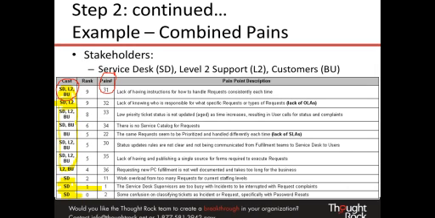But what I might do is now I'll reform the teams. Instead of having a separate team for the business stakeholders and the service desk and level 2 support stakeholders, I might make cross-functional teams where I take a couple of people from each of the business stakeholders, level 2, and service desk, and I get them working together so that I'm really trying to bridge gaps within the organization and build good, not just teamwork within teams, but teamwork across teams.